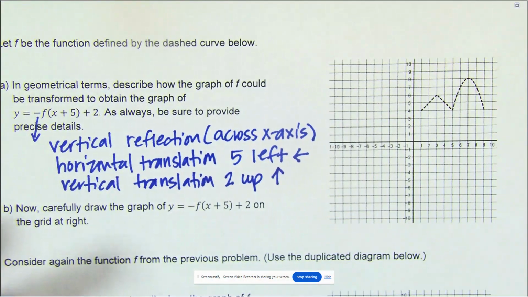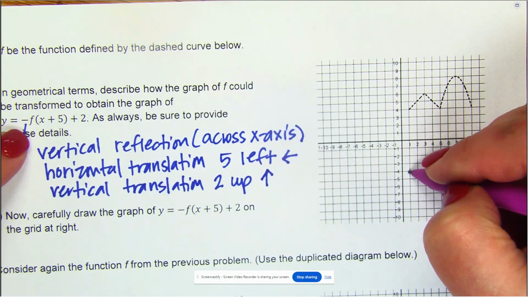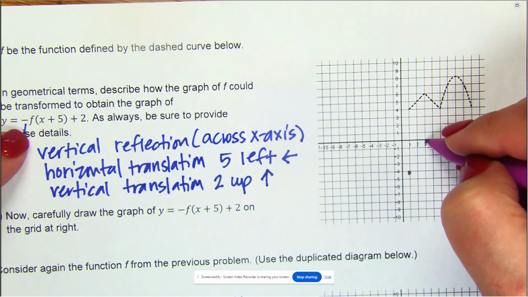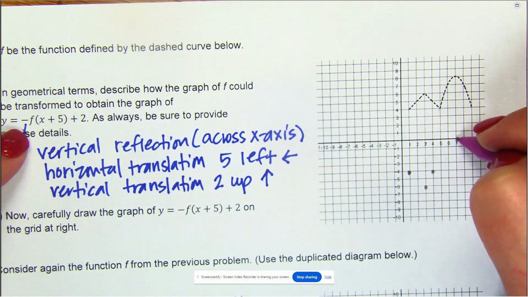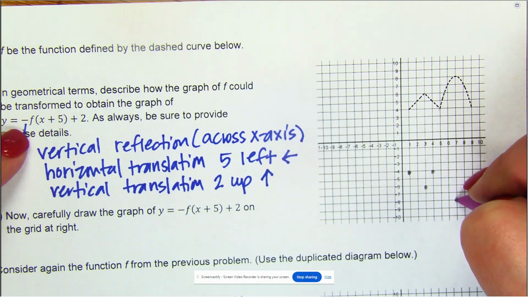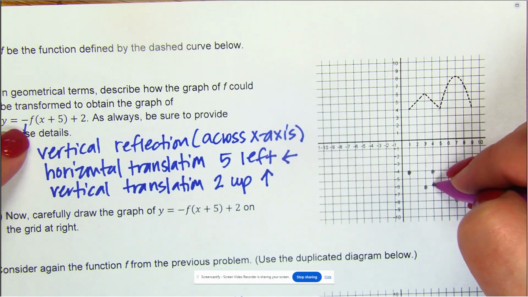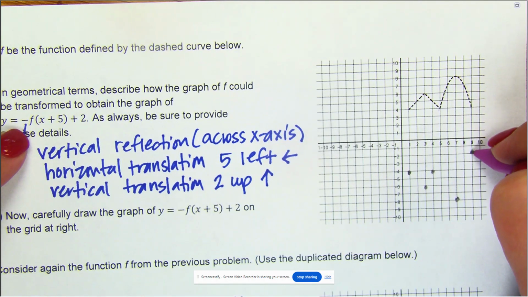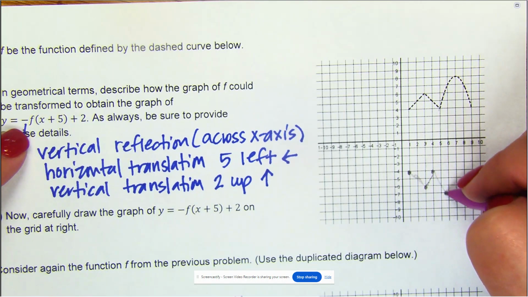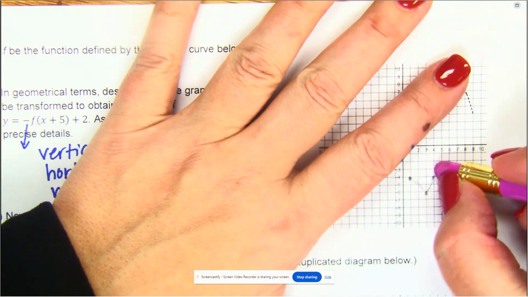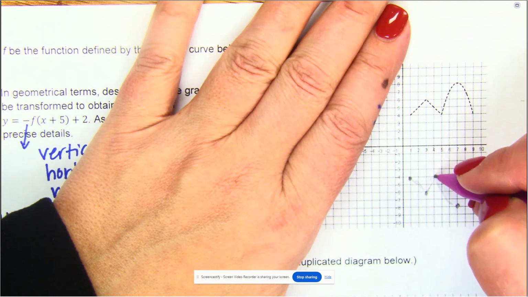So personally, I like to do this in a couple of steps. I'm going to do this one first. So this is just exactly reflected over that. I'm just lightly sketching on this one.